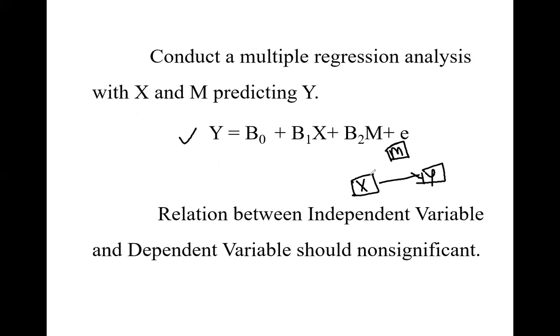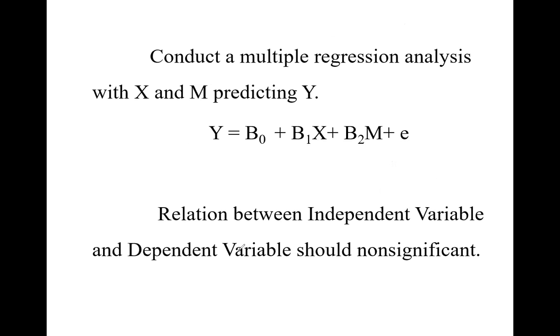Now we are performing the multiple regression analysis. Multiple regression analysis means Y is the dependent variable, and X1 and M are independent variables. M means mediator. I told you the mediator is also an independent variable.